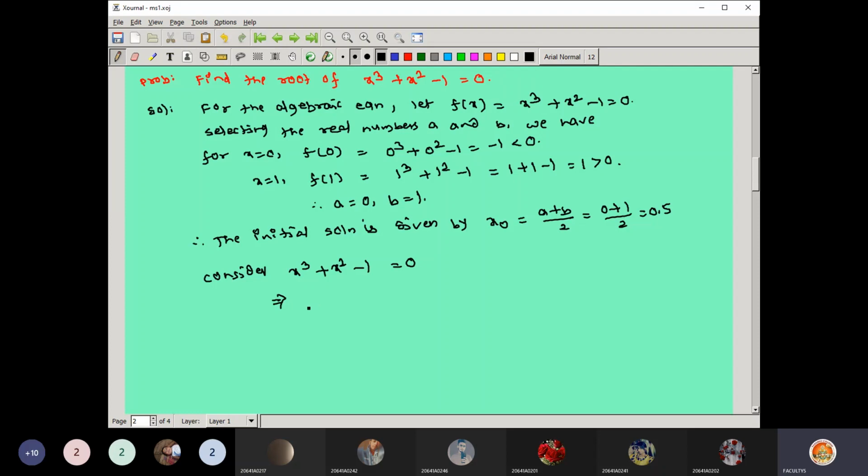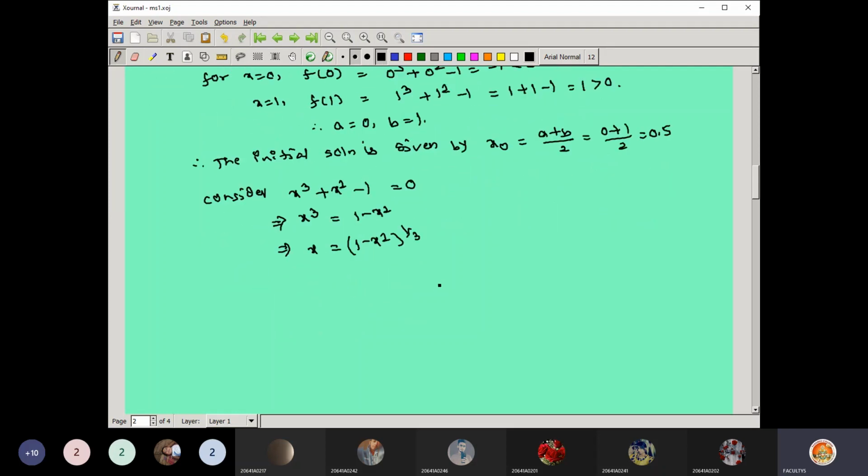From that you select the highest degree term, x cube, and send the remaining terms to the right side: 1 minus x square. From that you write down x is equal to (1 minus x square) whole power 1 by 3.